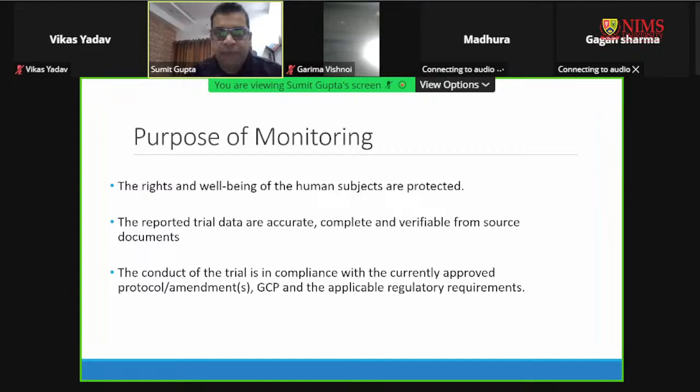So when the monitor went to the site, he saw this discrepancy, and he asked the site coordinator, what is the reason for this mistake? So it was told that by mistake, these samples have not been taken, rather, a sample of another visit was taken. So this looks very bizarre. This is not comforting to me, because I really don't know whether you have implemented the protocol correctly or not.